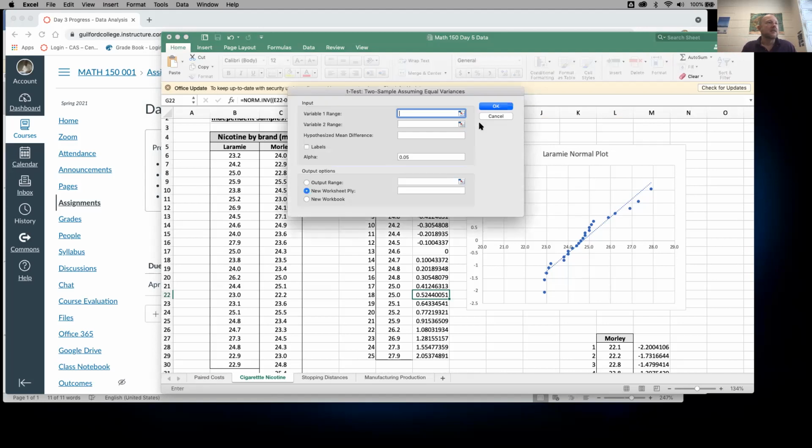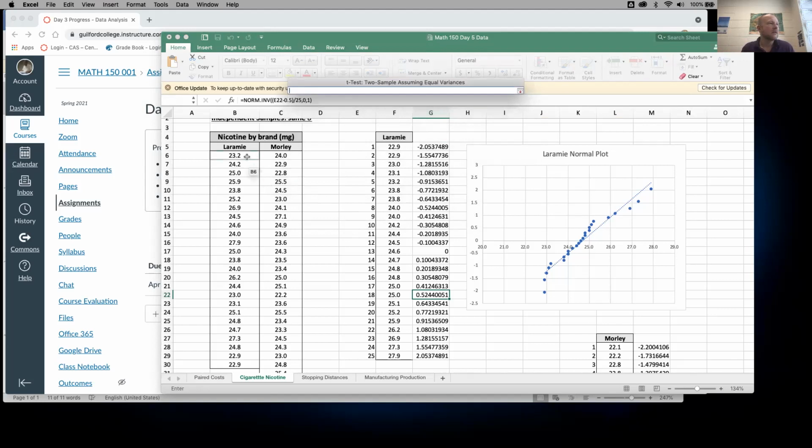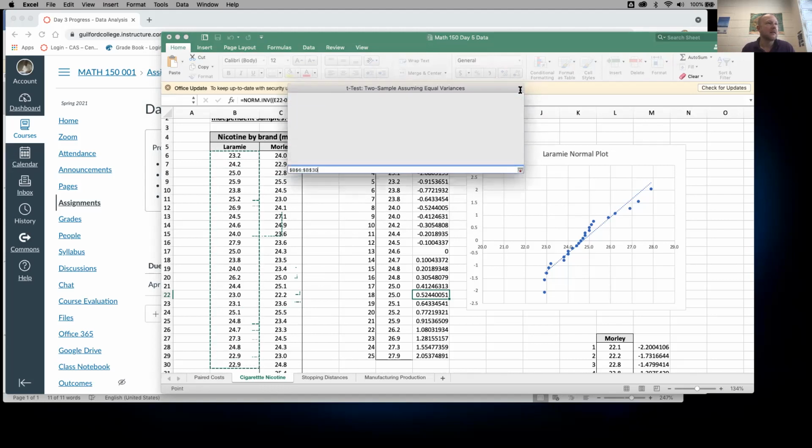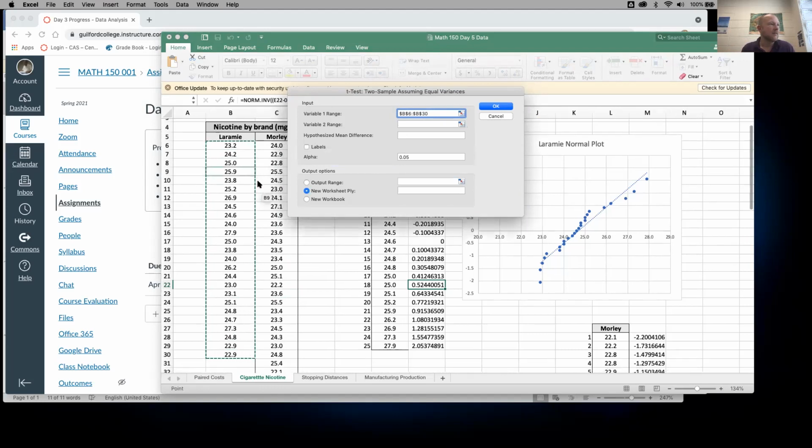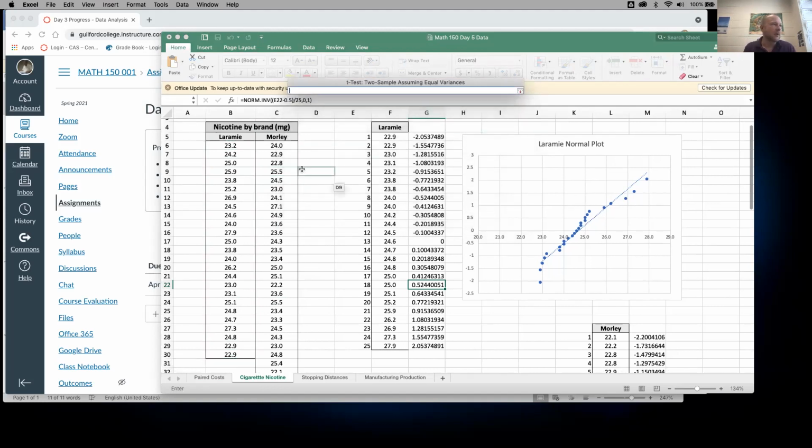And we tell it that's okay, and it gives us the input stuff, and we're going to take and click on one of them and highlight the Laramie brand, tell it that's okay. And then I've had some problems with this, so when I click on the other one, I'm going to miniaturize the view, or not, because it will not let me do that.